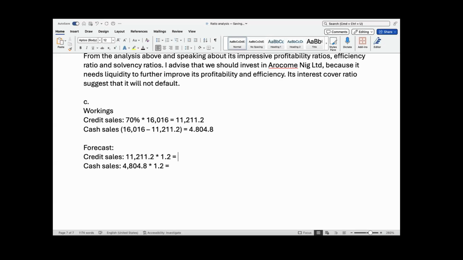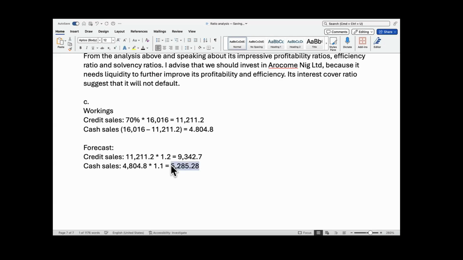So what are we looking at? The credit sales, 11,211.2 times 1.2, will give us 13,453.44. The cash sales is by 10%, not 20%: 4,804.8 times 1.1 should be 5,285.28.